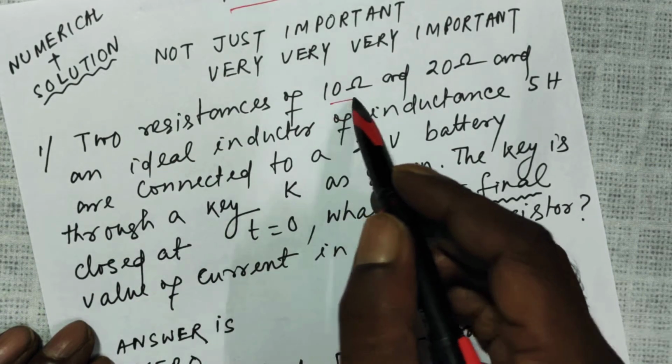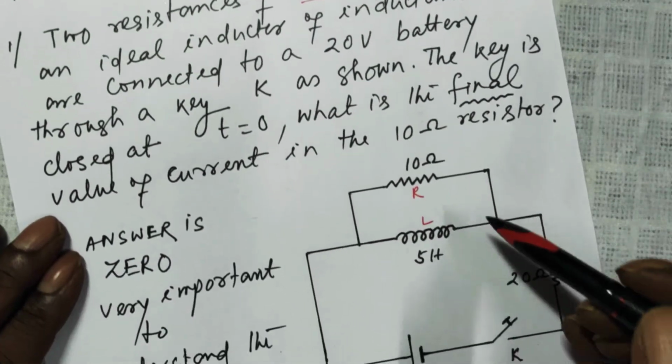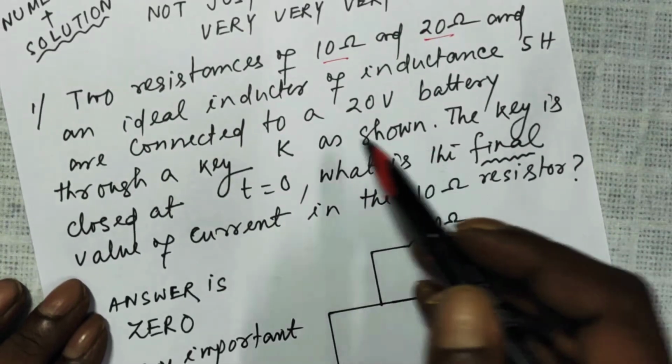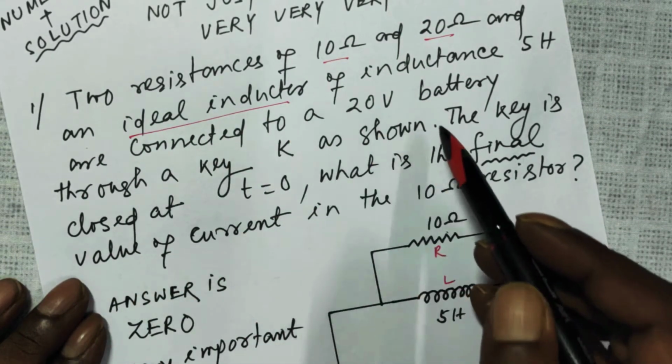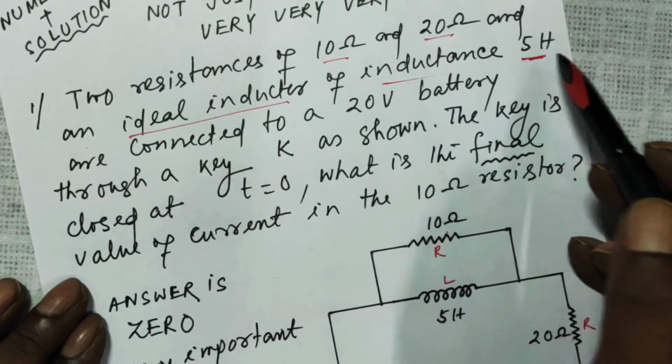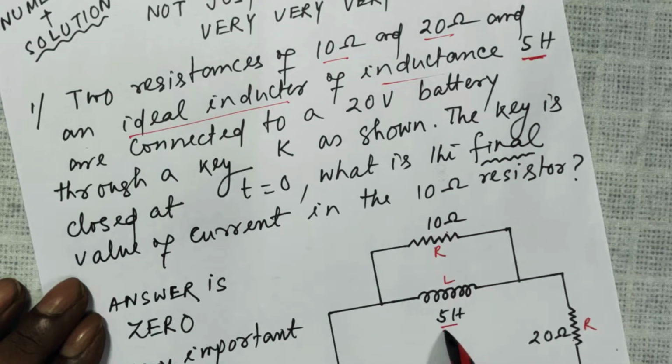Two resistances, 10 ohm and 20 ohm, and an ideal inductor of inductance 5 Henry.